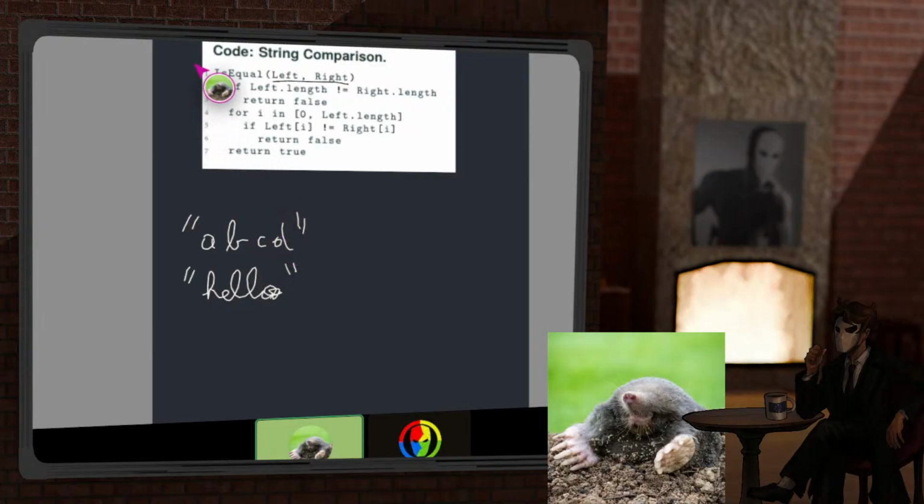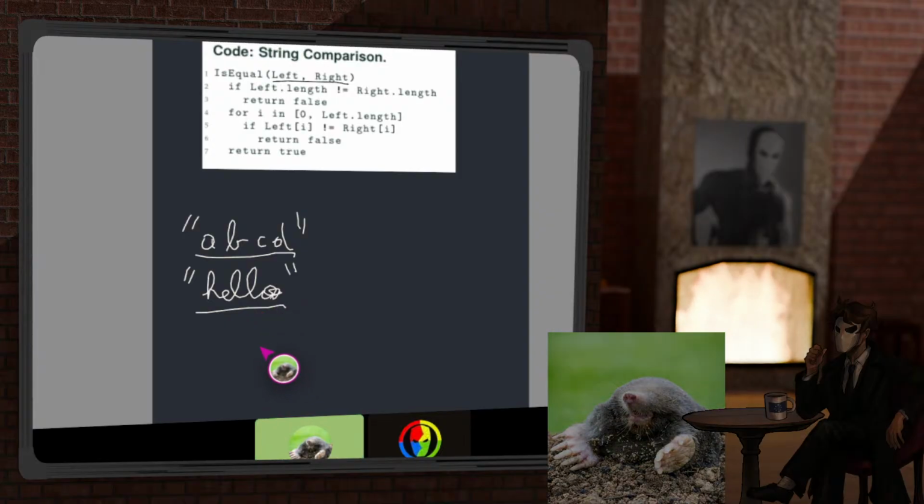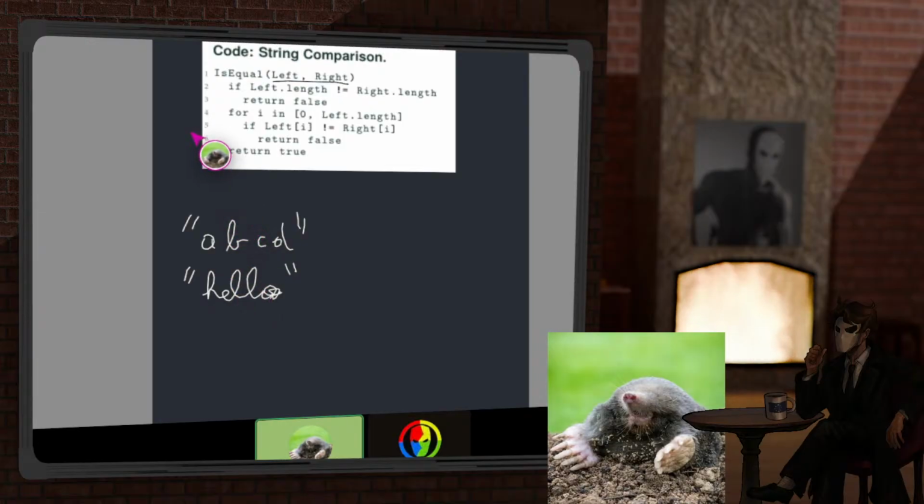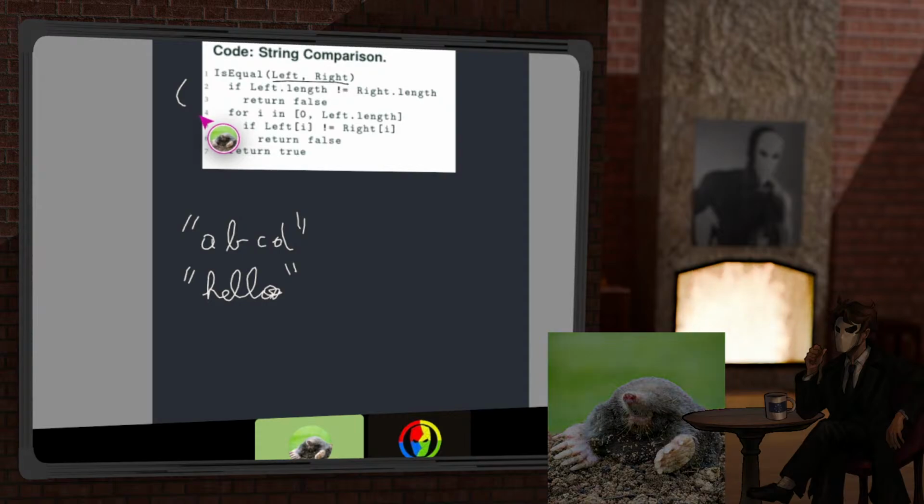Our goal is to see, are the two input strings equal? In this case, for example, we can first immediately see that this string has 4 letters and this one has 5. So it's a bit useless to go on. We can just stop right now. We already know that these two are different.